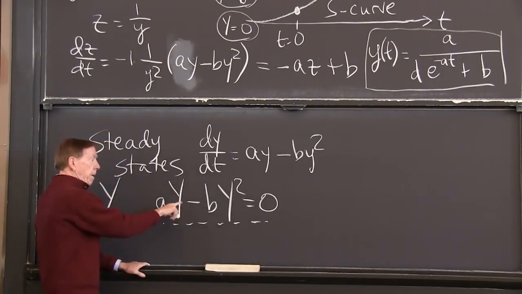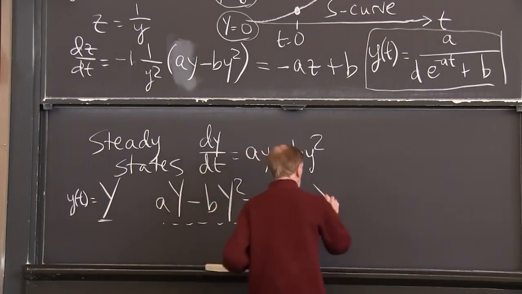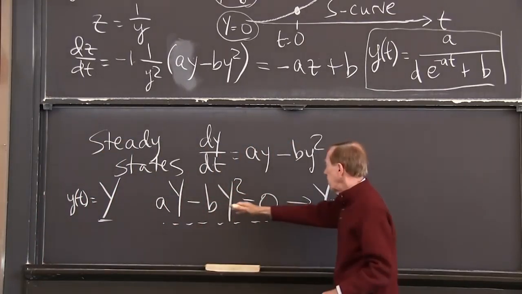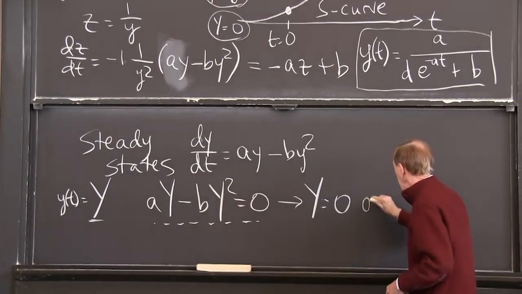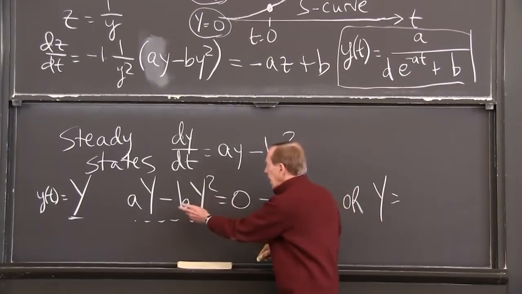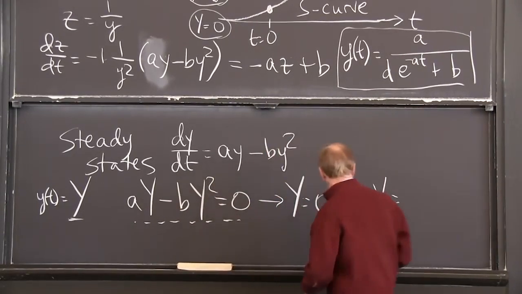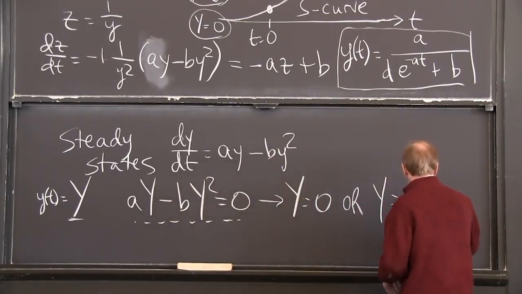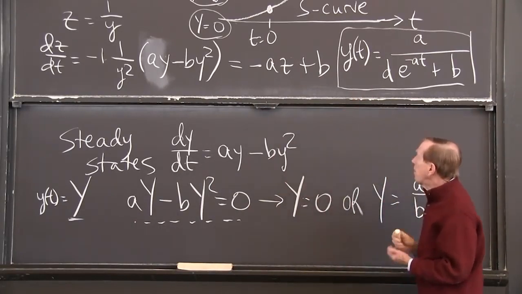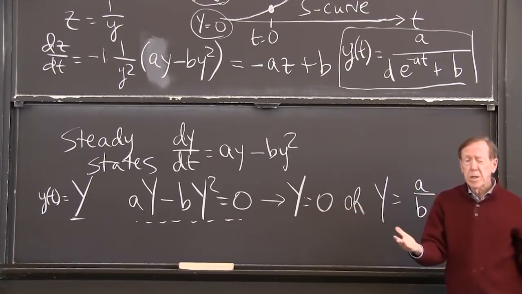What are the solutions to this equation? y equals 0 is one solution, clearly. Or y equals, let's see, if this equaled that, I could cancel the y, would be a over b. Exactly the two in the picture. If I start at 0, I stay at 0.